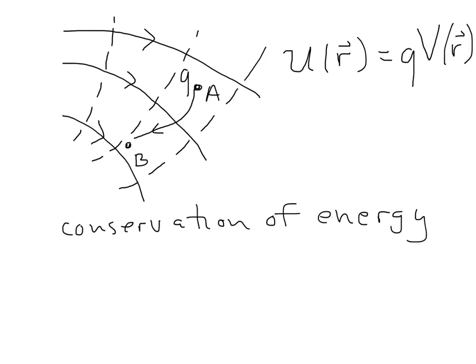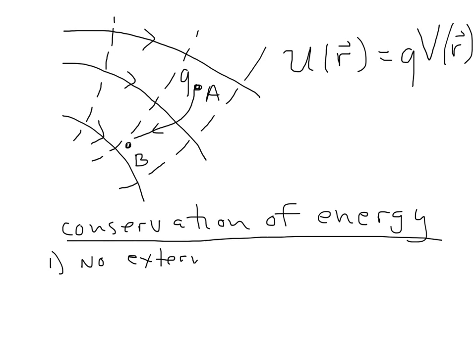If we are under only the effect of the electric force, so there are no external forces. By external force I mean any force which is not the electric force.